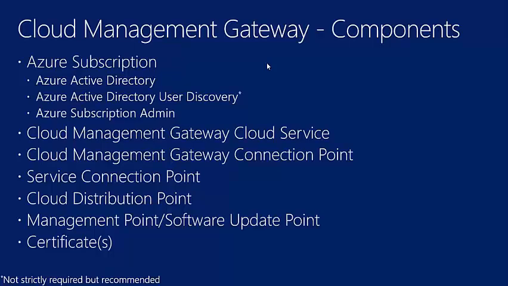There could be a requirement also for the Trusted Root certificate from your certificate authority based on how you actually generate your Cloud Management Gateway Server Auth. Let me say it this way. The recommendation for certificates in the Cloud Management Gateway is to obtain them from a third-party provider.